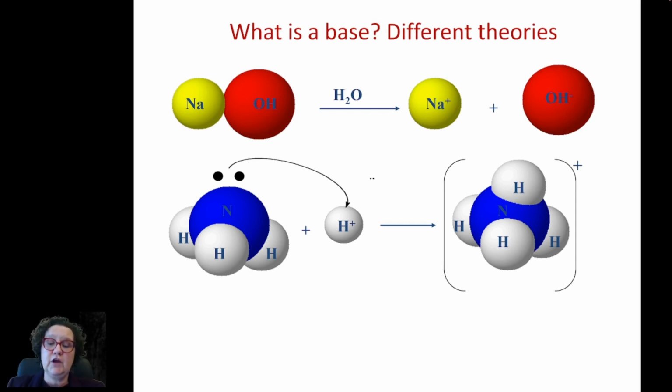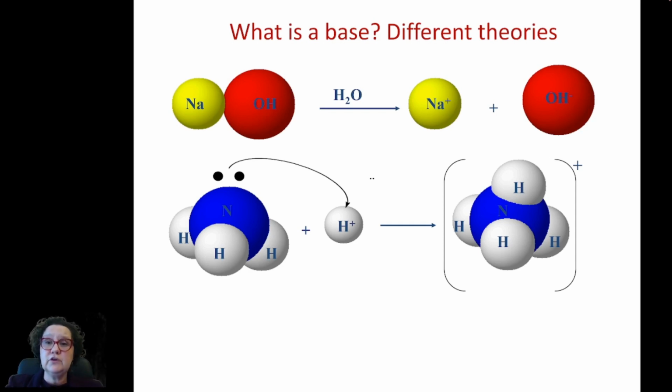It's a base because you have the sodium and the OH, and that's an ionic compound. In the OH, the oxygen and the hydrogen are bonded by a covalent bond, so they're sharing electrons. The sodium and the OH make an ionic compound because the sodium has a positive charge, sodium plus, and the OH is negatively charged, OH minus.